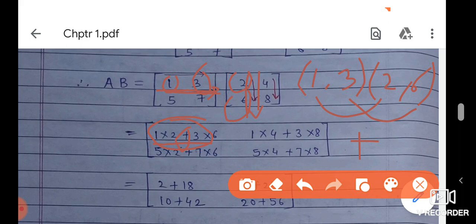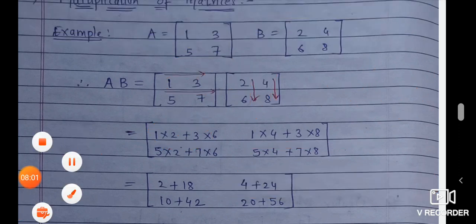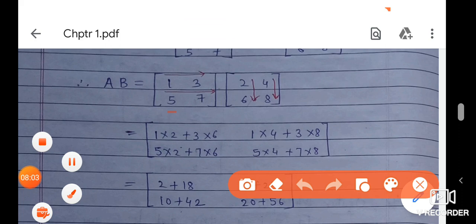Then again I'm taking the first row and multiplying it with the second column. The position is A12, so it will be here at 1 2. Again, first number into first, 1 into 4, then plus 3 into 8. Now there is one more row in the first matrix, so I'll take the second row and again the first column.